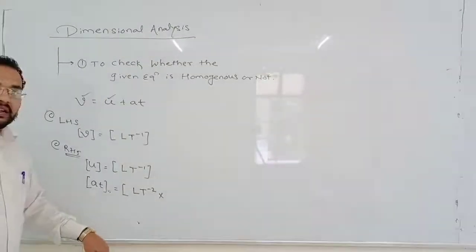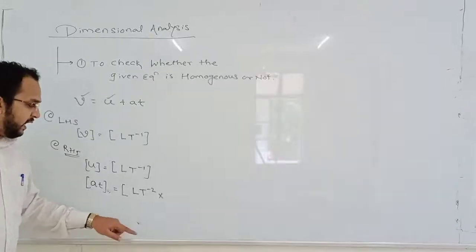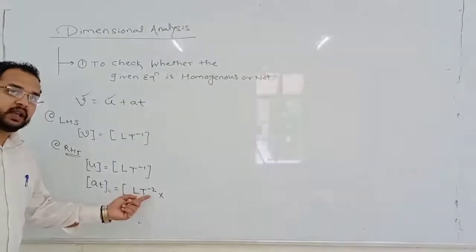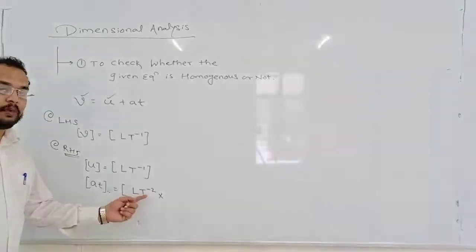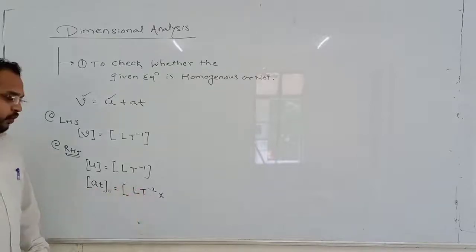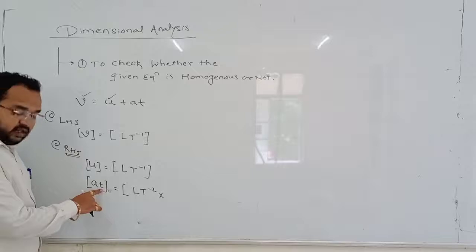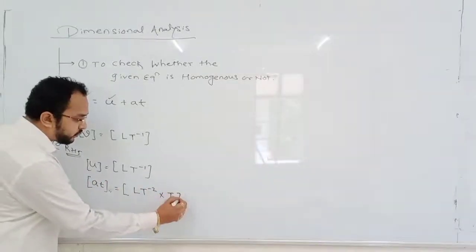When that second square, that is time square, t square, comes to the numerator, it will become t to the power minus 2, and it is multiplied by t, small t for time.